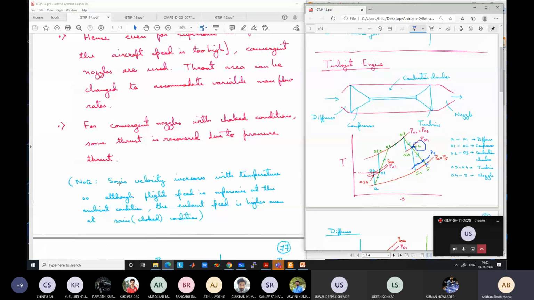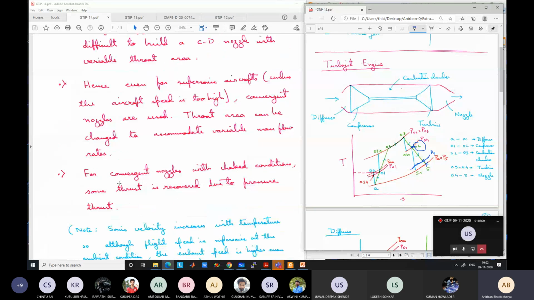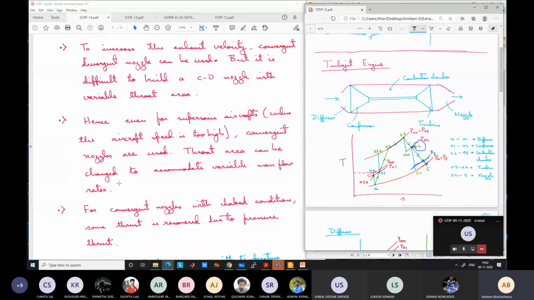So one important point you should note here, sometimes again students get confused. Again, I will ask the question without showing that part. What is the maximum velocity of the exhaust gases that can be attained using a convergent nozzle?